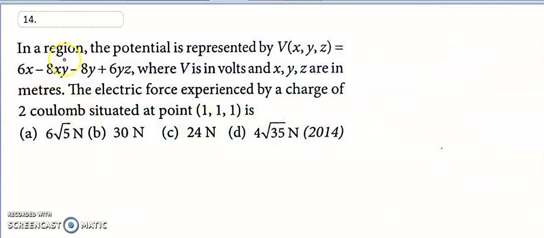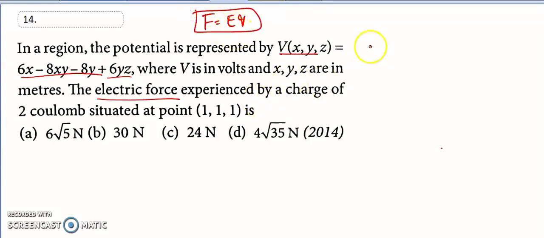The next question is also on potential in a region, same type of question. The potential is 6x minus 8xy minus 8y plus 6yz, where x, y are in meters. We have to calculate the electric force. Electric force is equal to E into Q naught. First you have to find the electric field.